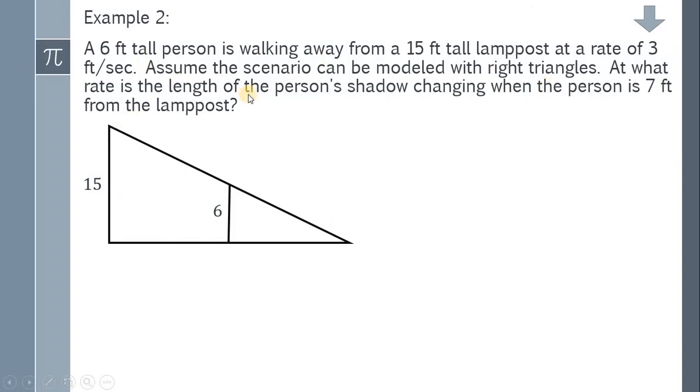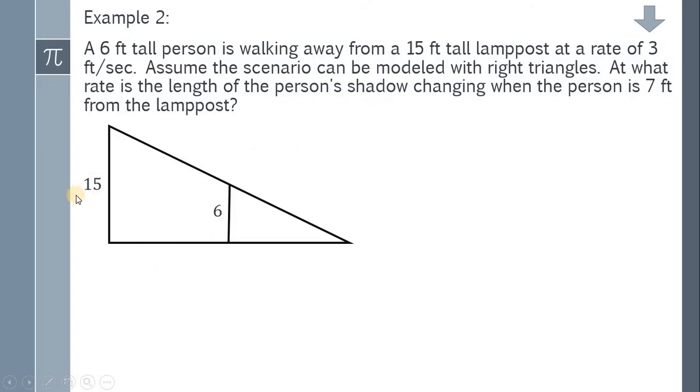At what rate is the length of the person's shadow changing when the person is 7 feet from the lamppost? Hindi natin pwedeng ilagay agad yung 7 feet dito sa ating diagram kasi yung distance ng person dun sa lamppost is also changing. Bakit changing? Kasi nga yung tao ay naglalakad at yung rate niya is 3 feet per second. Therefore, hindi natin pwedeng ilagay agad yung 7 feet.